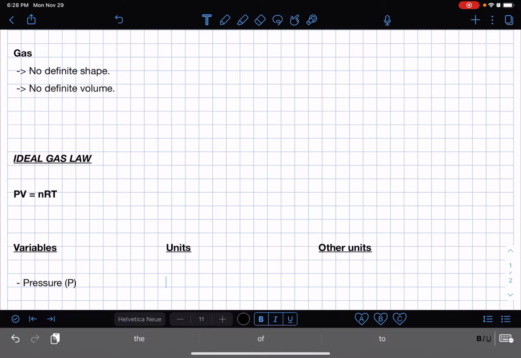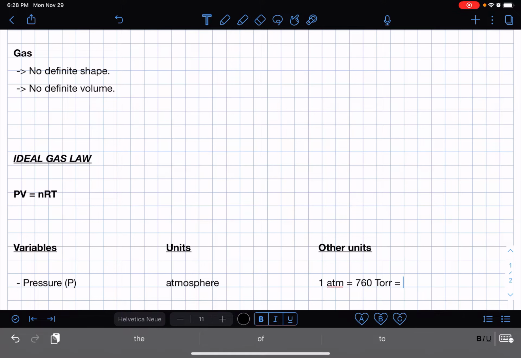The main unit of pressure that we use in the computation is atmosphere. And for the other units, 1 atmosphere is equivalent to 760 torr.